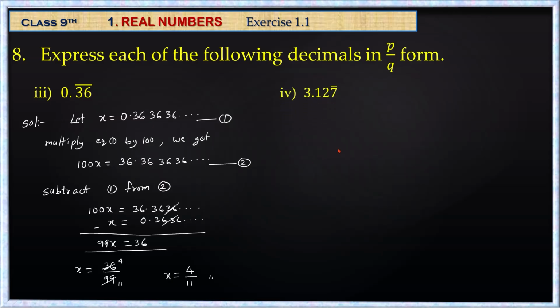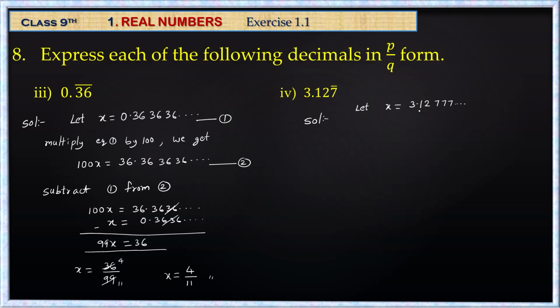Next bit, 3.127 bar. Let us solve this one. Let x is equal to 3.1277 and so on. Here after the decimal 2 digits are not repeating, only 1 digit is repeating. So first of all, take the non-repeating digits to the left side. Here 2 digits are non-repeating.